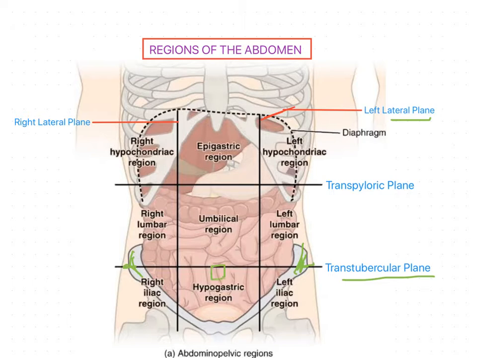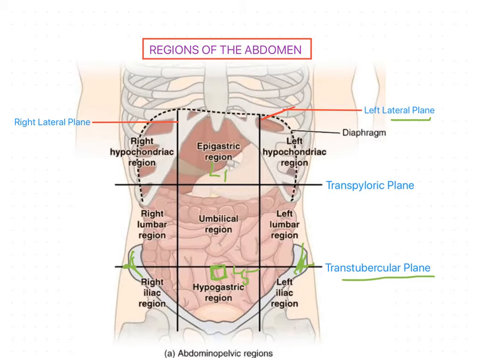So on the posterior aspect, this plane passes near the upper border of the L5 vertebra, whereas the trans-pyloric plane is at the lower border of the L1 vertebra. This is about the trans-tubercular plane.